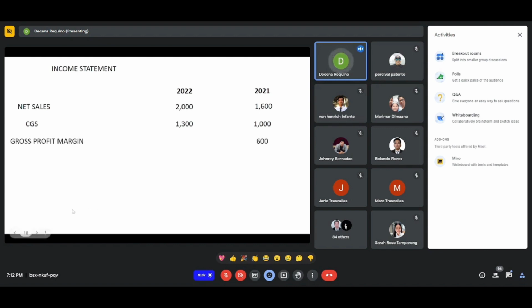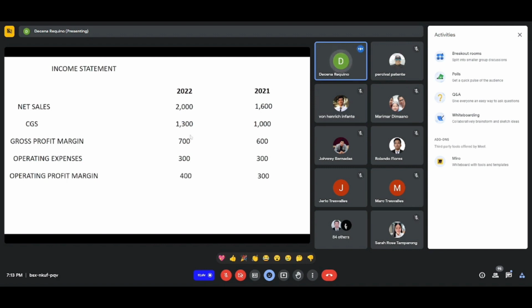Para makuha natin yung gross profit, net sales less cost of goods sold. So meron kang 600 na gross profit noong 2021 and then 700 noong 2022. Ilelesss natin yung operating expenses, 300 sa 2021, 300 din sa 2022, para makuha natin yung operating profit. 300 ng 2021 and 400 noong 2022.